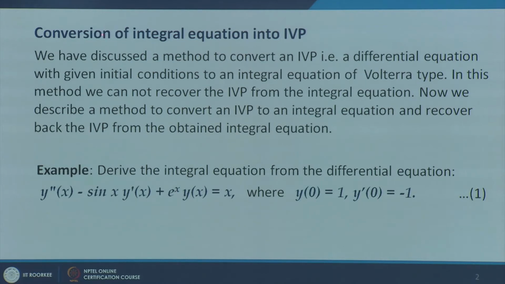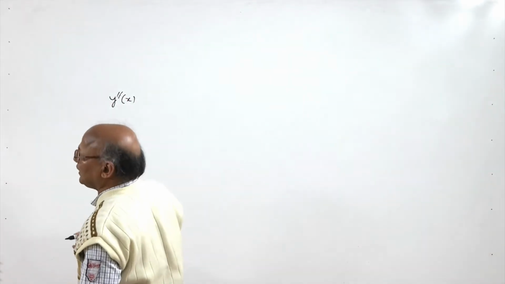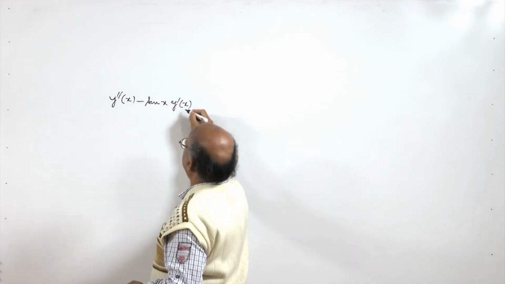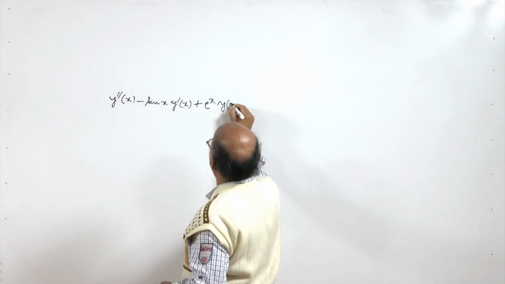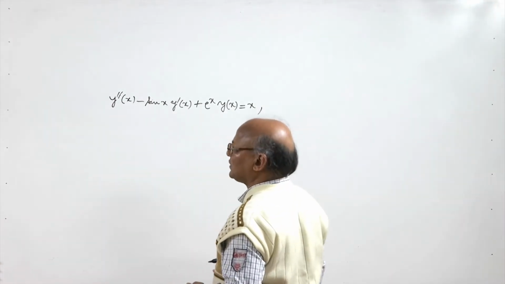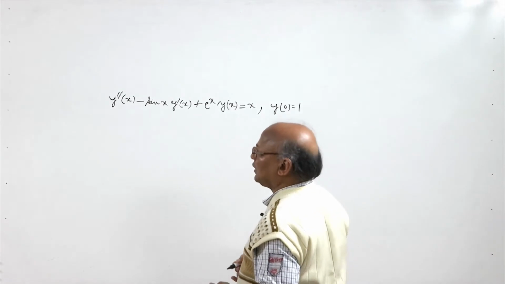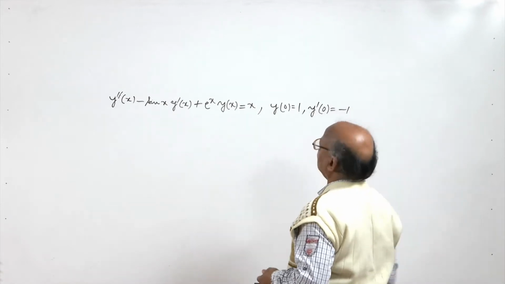So, this is the initial value problem here: y double dash x minus sin x y dash x plus e to the power x into y x equal to x, and we are given the initial conditions: y 0 equal to 1, y dash 0 equal to minus 1.